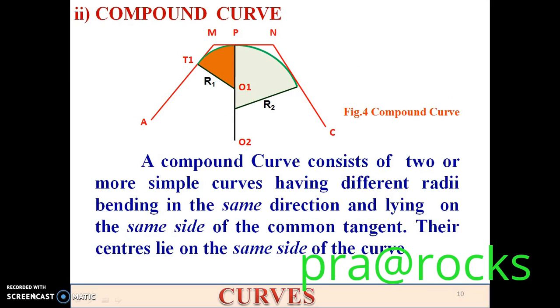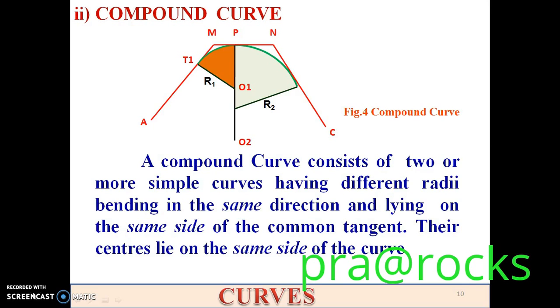Now, coming to the compound curve, you can see in the figure, it is made up of two curves of different radii, bending in the same direction and lying on the same side of the common tangent.